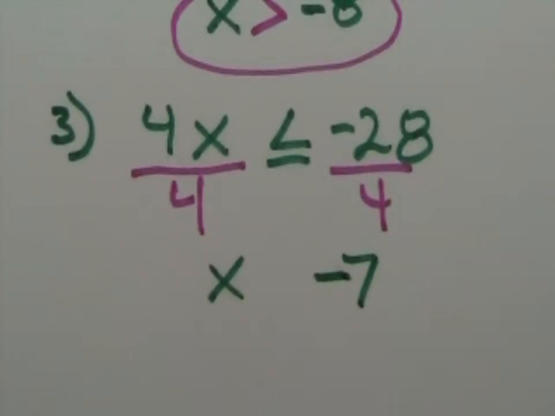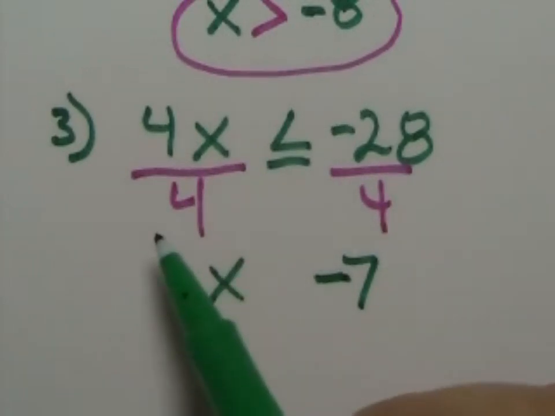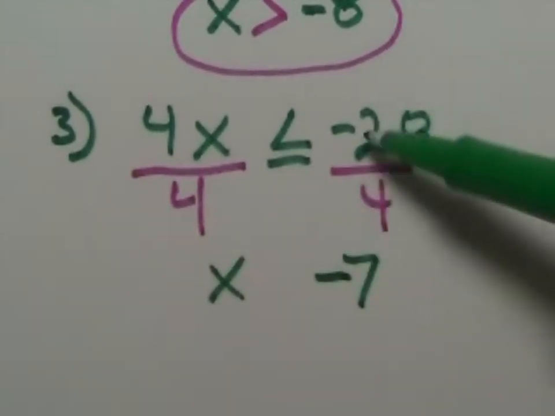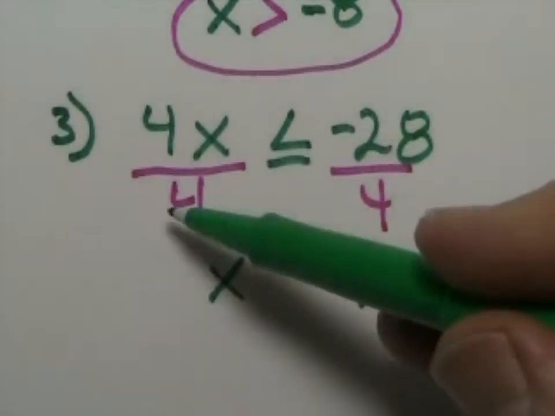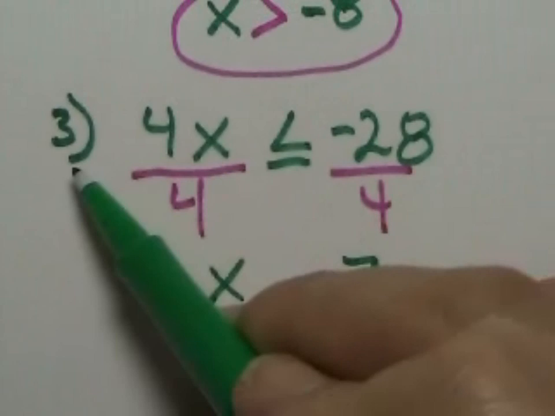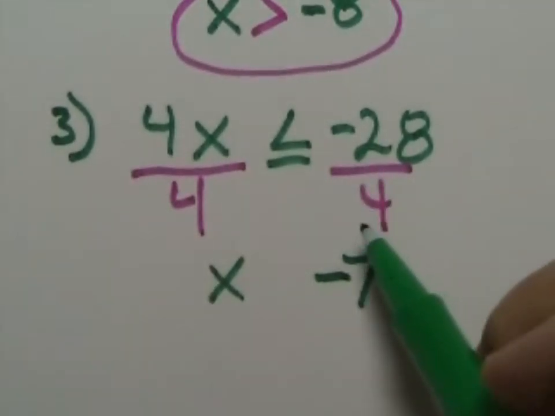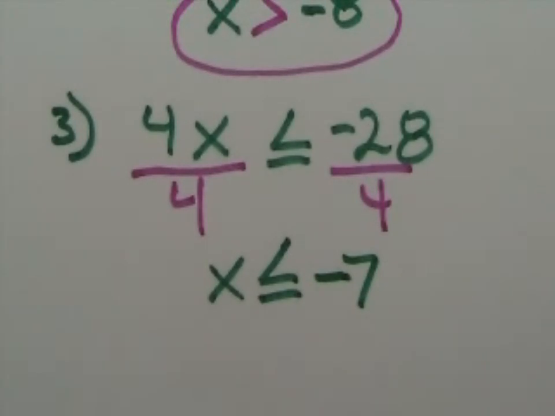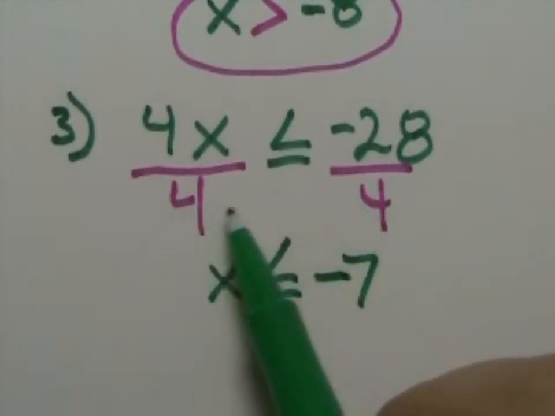Do I reverse the arrow? Well, let's see. Did I divide both sides by a negative number? There's a negative number here, but I didn't do that to both sides. It's the number you put down below or up on top, on both sides. The answer is no. I don't have to reverse the arrow. It stays the same. It's only if you're doing it to both sides.